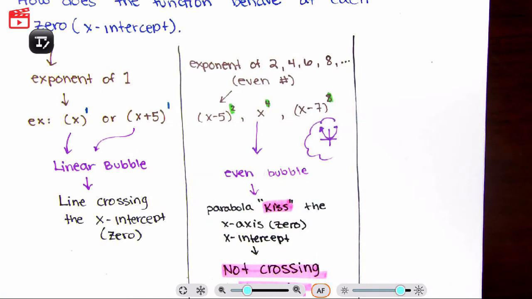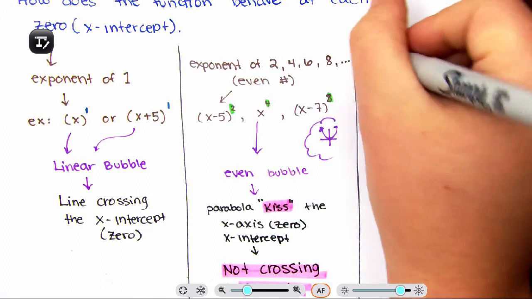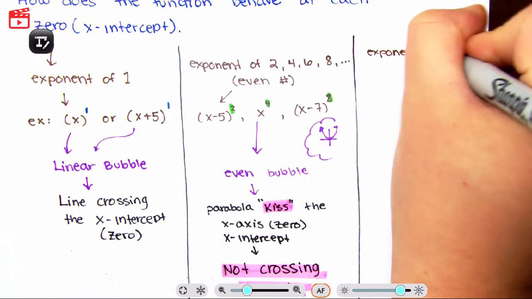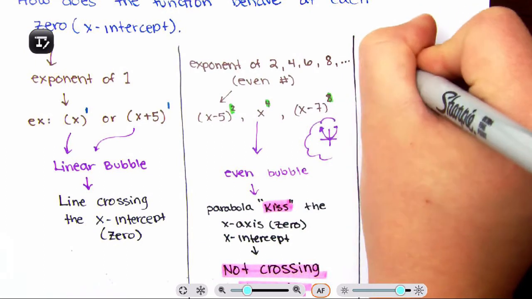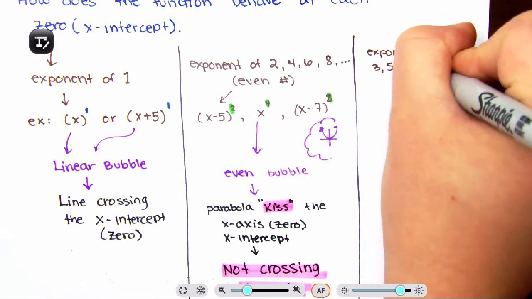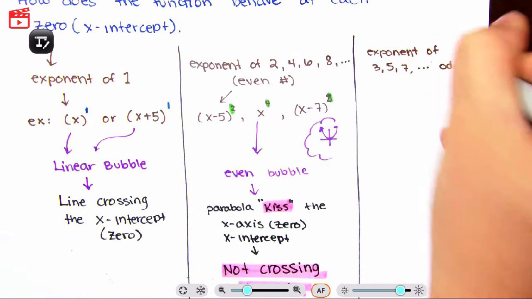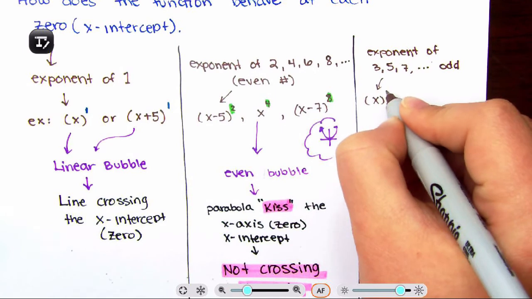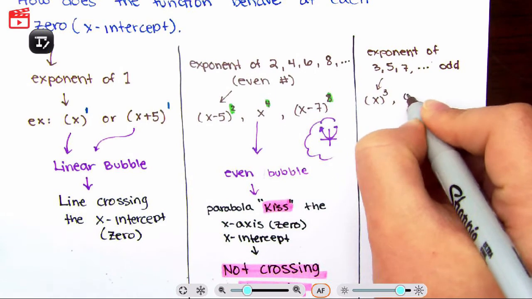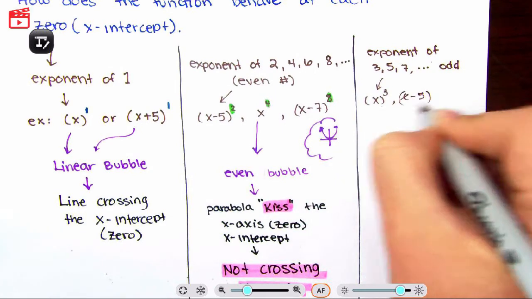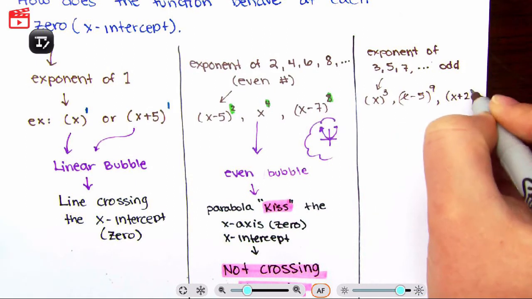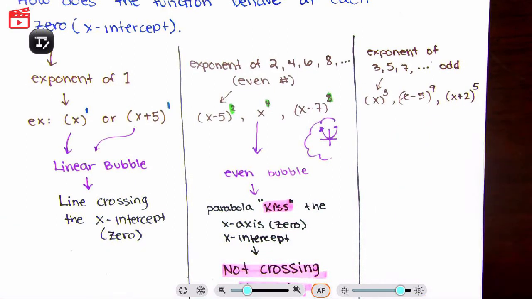And then we have the exponent of 3, 5, 7, etc., odd. So if we have an odd one, let's say x to the third power, x minus 5 to the ninth power, x plus 2 to the fifth power, something like that.